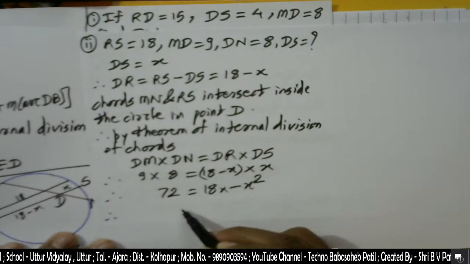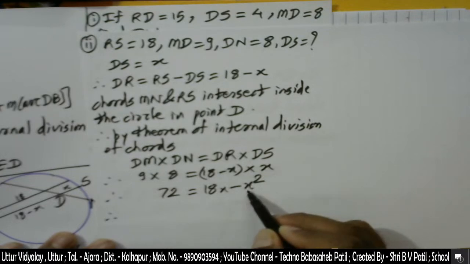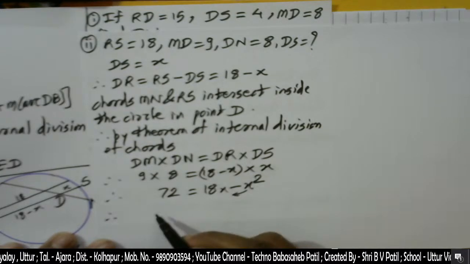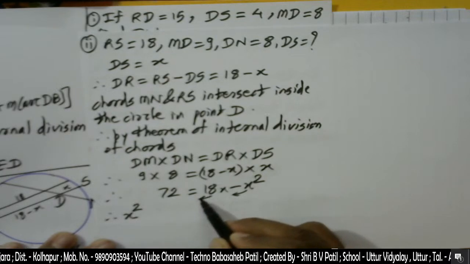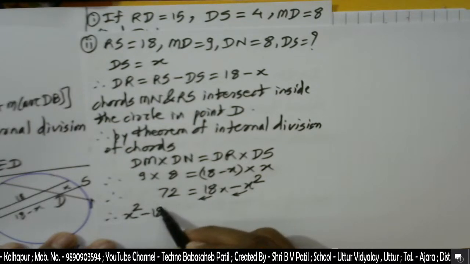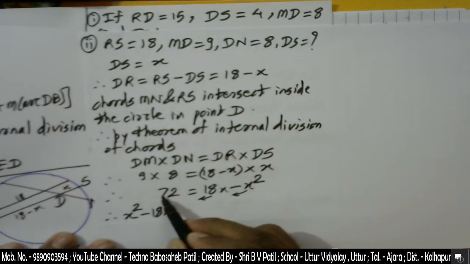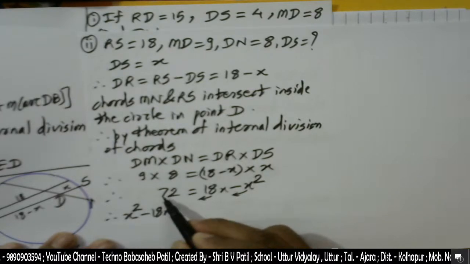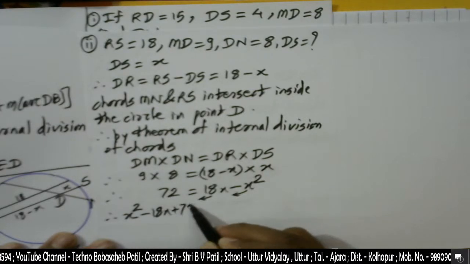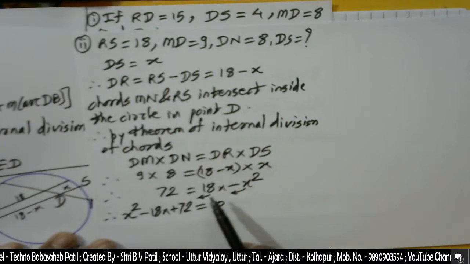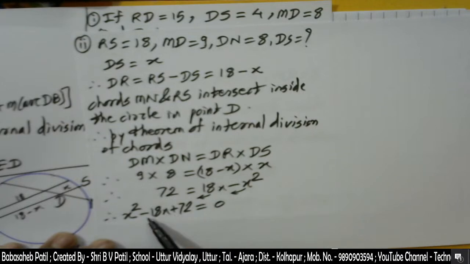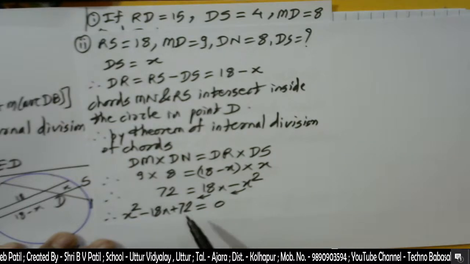Therefore, this minus x square taking on the other side becomes plus x square, plus 18x becomes minus 18x, and the 72 already present is plus 72, equal to 0. Minus x square plus 18x becomes minus 18x and plus 72.